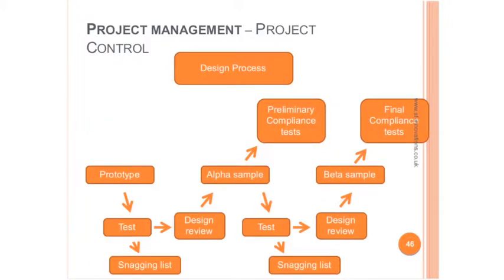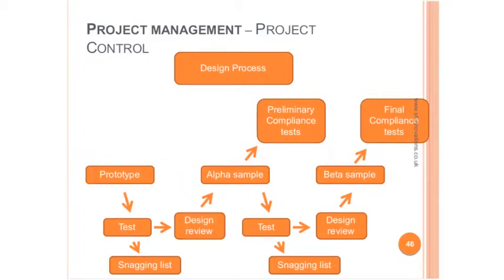The design process itself, in a little bit more detail. Design review is an important part of the process, and again, it's best to get input from senior experienced designers here.